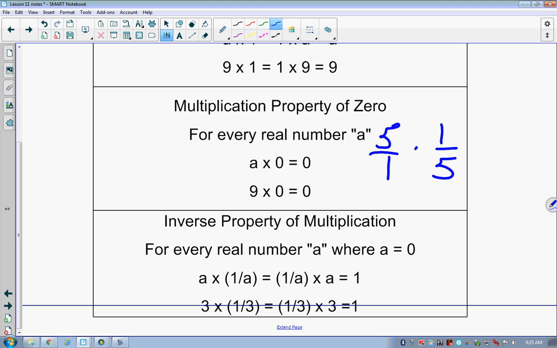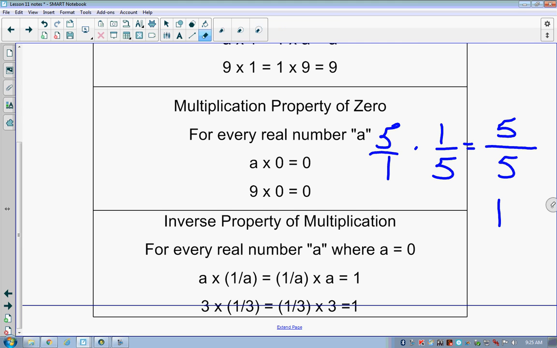Now, if I look at this as 5 over 1 times 1 over 5, what am I multiplying? 5 times 1, and 1 times 5. And what is this reduced to? 1. So if I multiply a whole number or even another fraction by the reciprocal, by the inverse, I will always get 1.